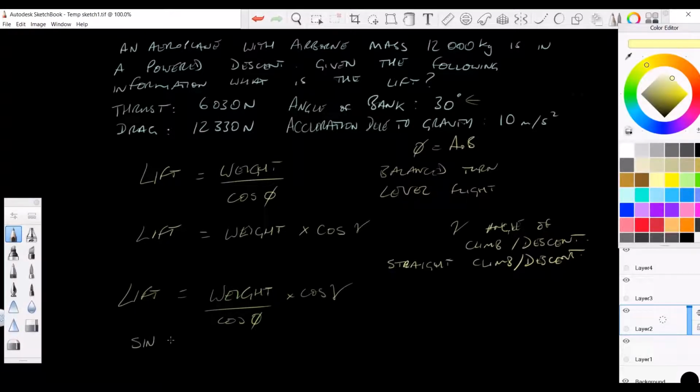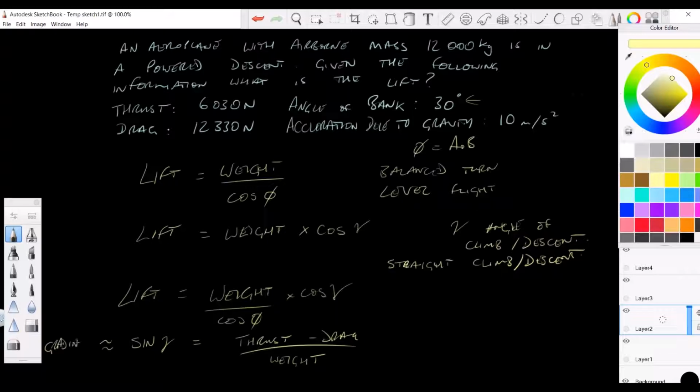And the equation is one that you will have seen in a slide, probably used more often in a slightly different context, which is that sine gamma equals thrust minus drag divided by weight. The context you've seen it in is that this is approximately the gradient.